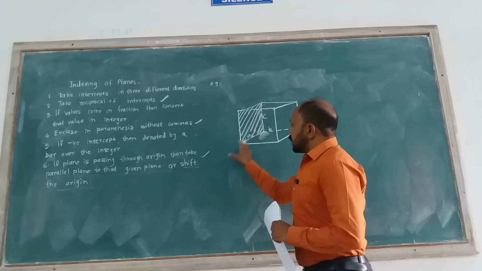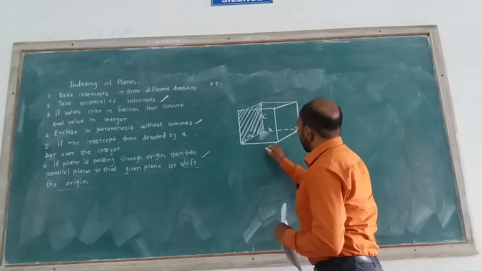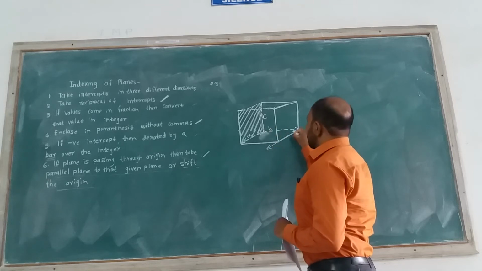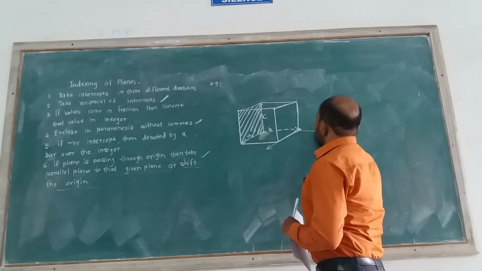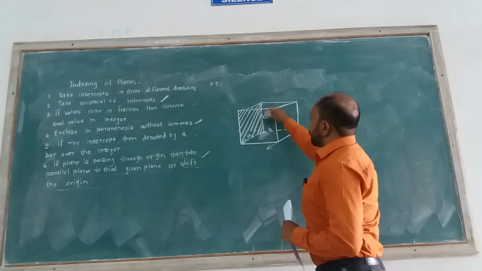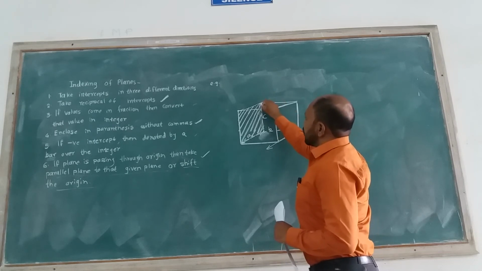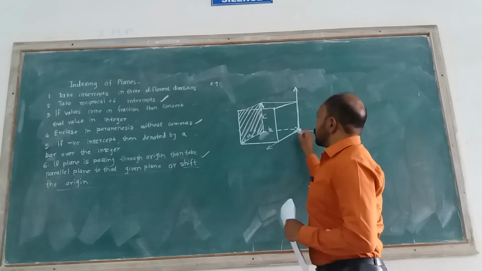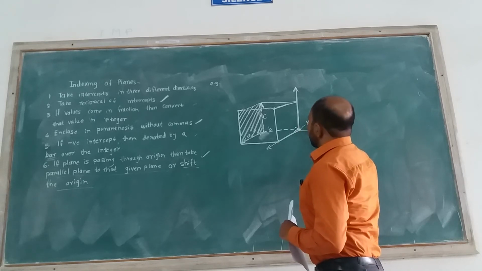If a is positive in this direction, you keep a positive in this direction. If b is positive in this direction, you keep b positive in this direction. And if c is positive in the upward direction, you keep c positive in this direction. So this is now the new origin.